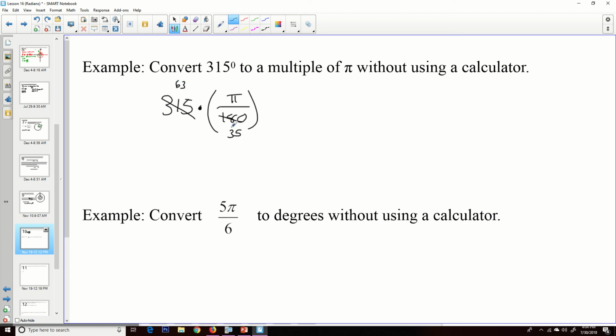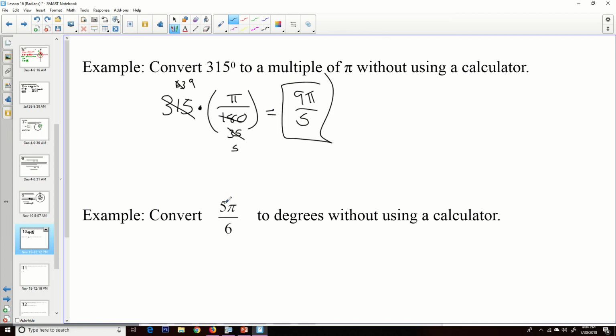And then 63 and 36 are both divisible by 9. Maybe we can divide 7 out of that. So let's see here. 63 divided by 9 is 7, and 36 divided by 9 is 4. So the final answer is 7 pi over 4, and we are good to go there.